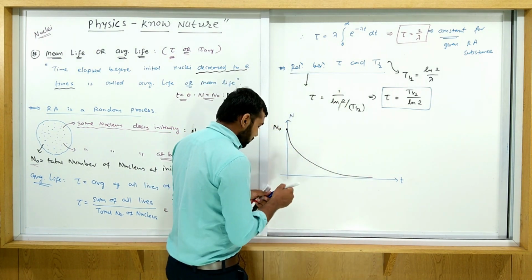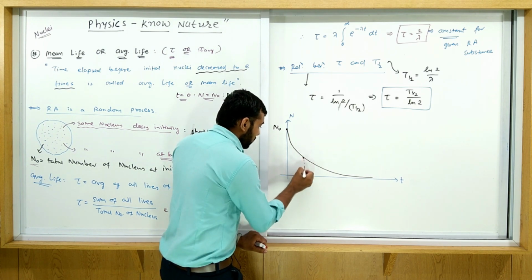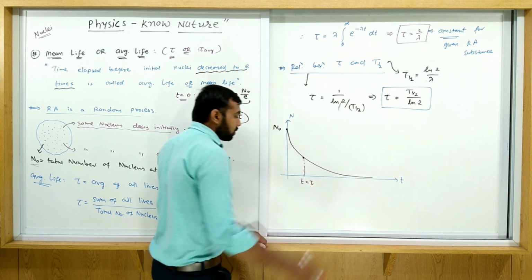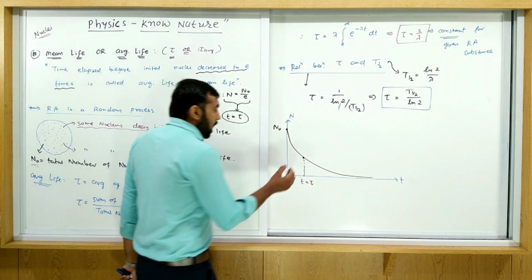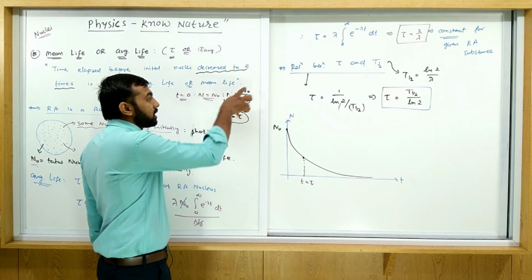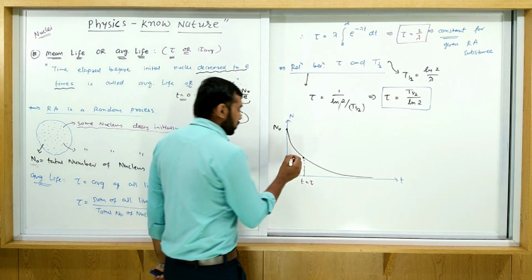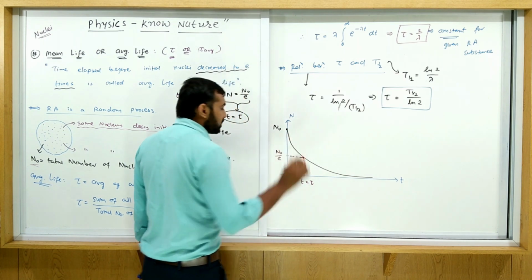At some particular place, somewhere here, if t is equal to tau, then how many nuclei are remaining? n0 upon E nuclei. So what is n0 upon E?